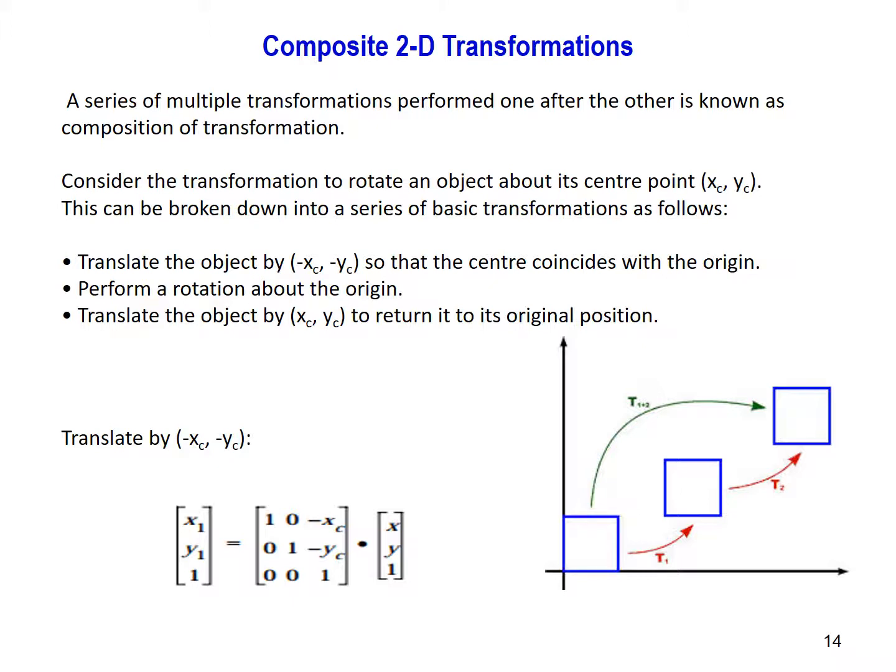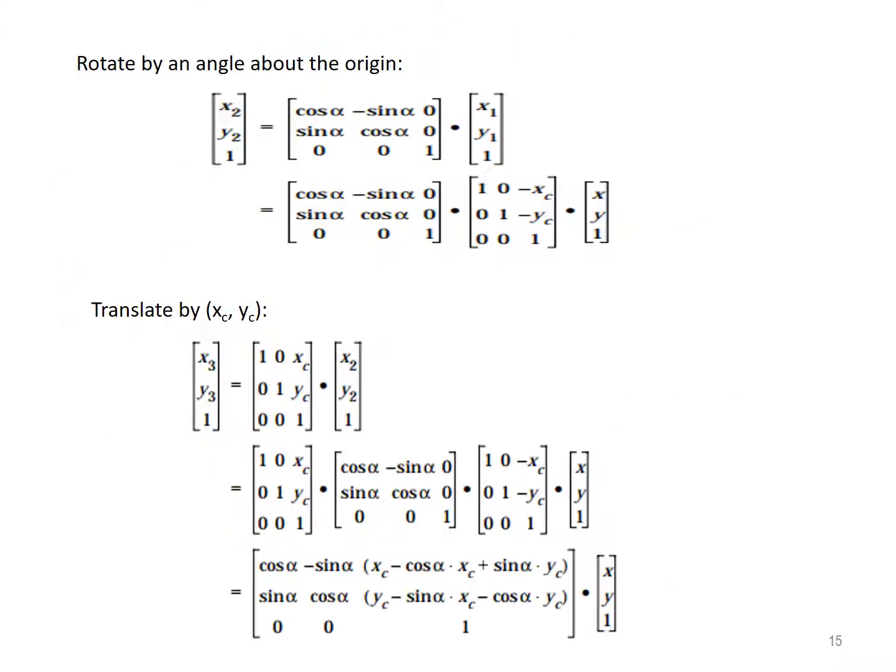Firstly, the translation by minus xc, minus yc is represented as below, where the original point is multiplied by the translation matrix to achieve the new translated object. Now rotate the translated object about the origin by multiplying the resultant translation matrix with the rotation matrix.